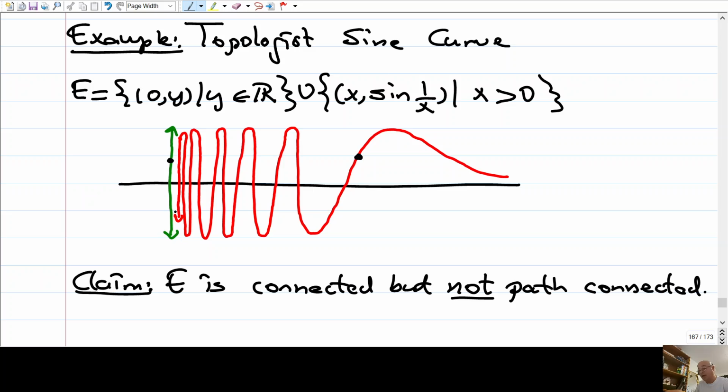Therefore, you don't get a continuous path. If you start from this point, you will travel an infinite path distance but never reach the other point. A path should have finite length, but here you have to go up and down infinitely many times, so its length will be infinite. We will prove this next time.